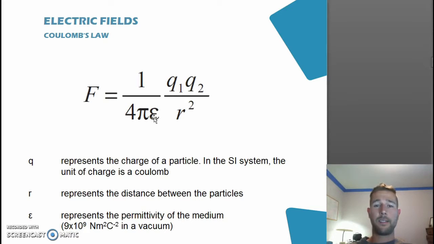In year 12 physics we talk about particles in a vacuum, so we'll use a value of 9 times 10 to the 9 newton meter squared per coulomb squared. This value represents the whole constant at the front, and you can see that clearly on your formula sheet.